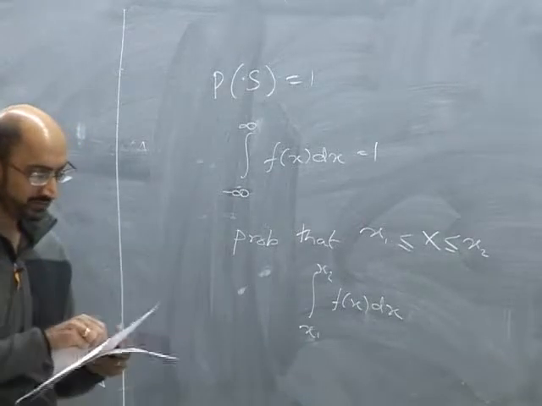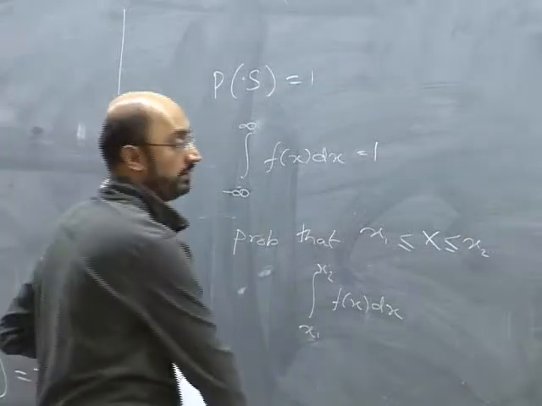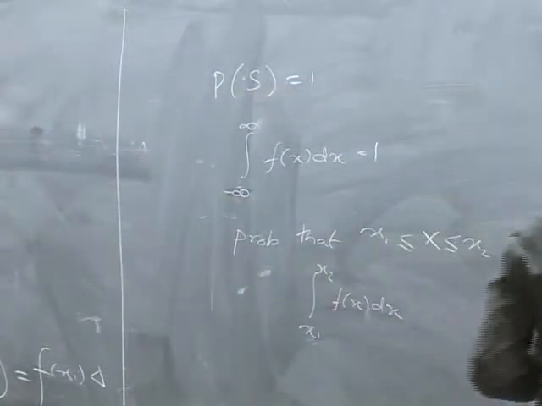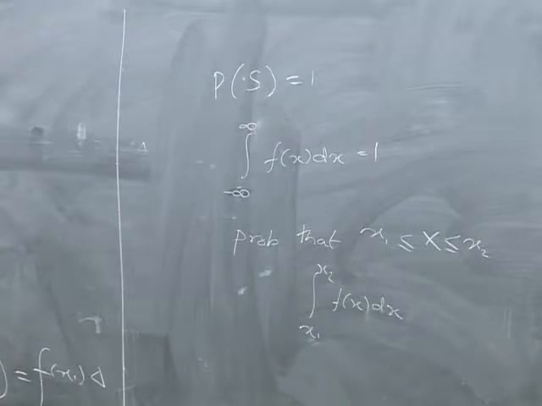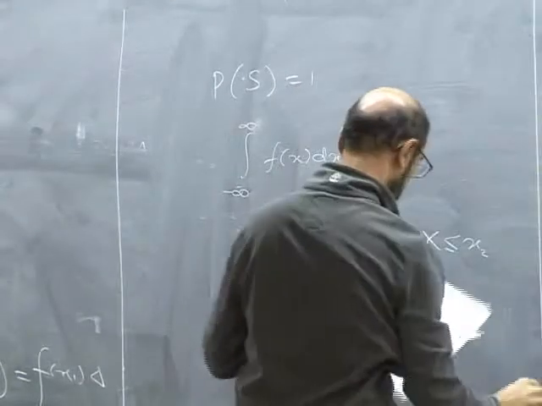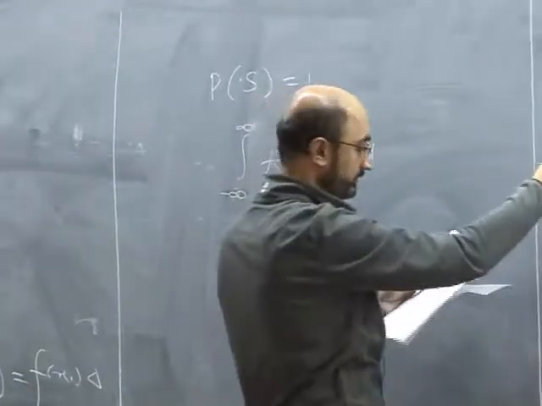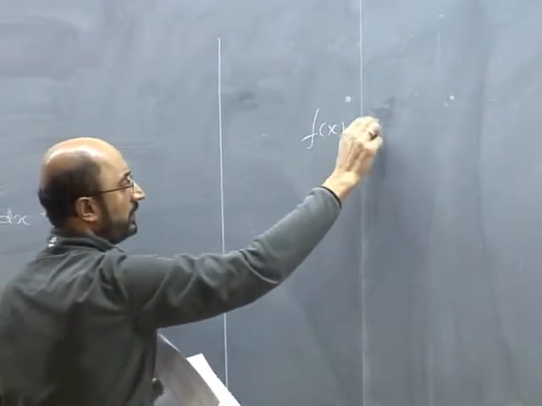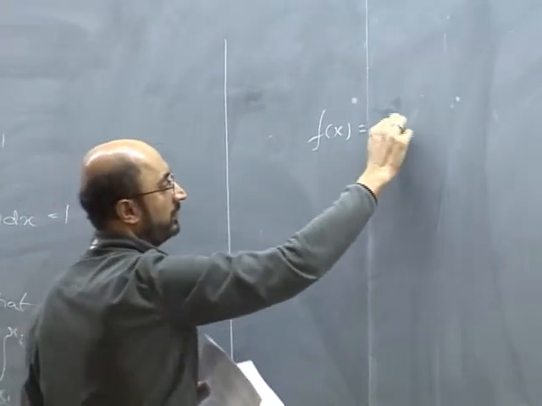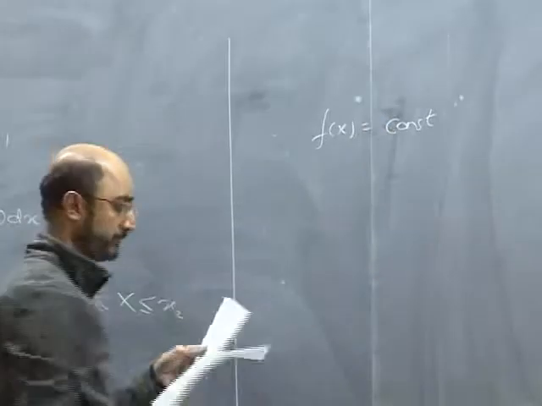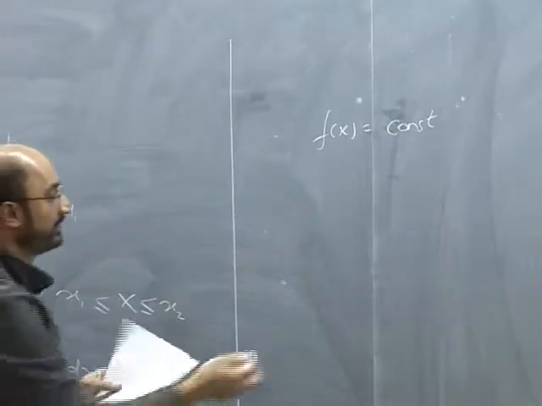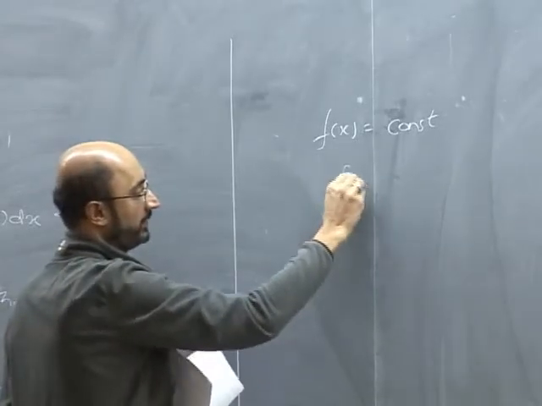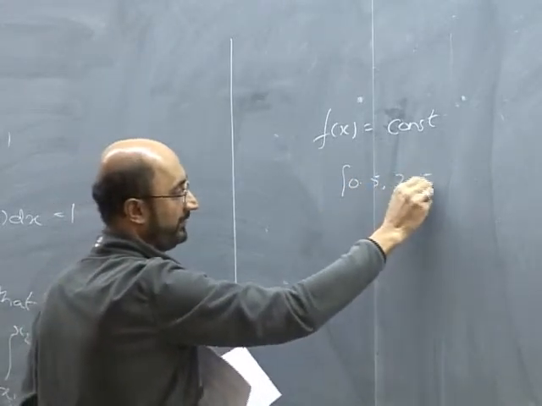So let's say that we have a uniform distribution. So f(x) is equal to some constant is the uniform distribution. Okay, and let's say that it's defined over the range 0.5 to 2.5.